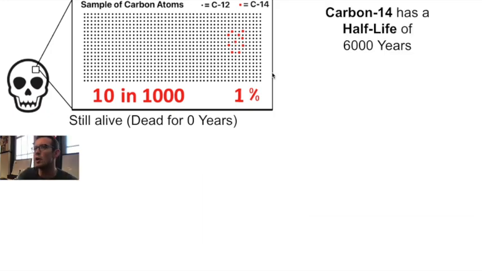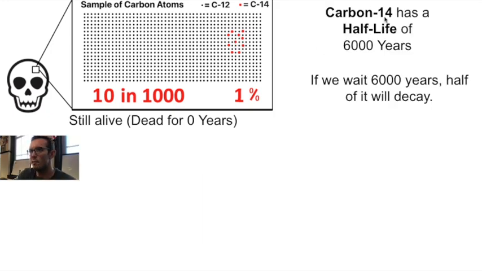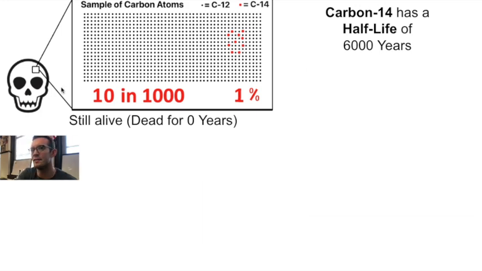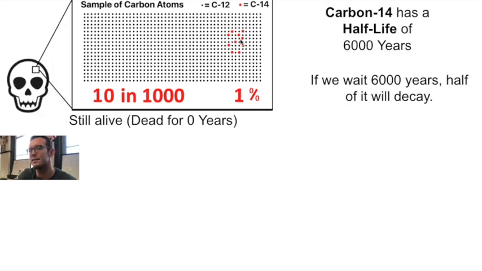Now, this is a slow process. Carbon-14 has a half-life of 6,000 years, which means that if we waited 6,000 years after our little caveman friend died, half of these carbon-14 atoms would decay back into nitrogen.